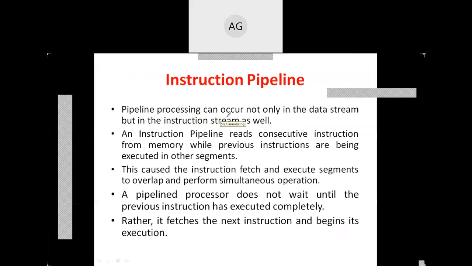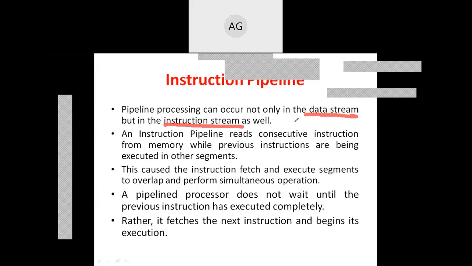Pipeline processing can occur not only in the data stream but in the instruction stream as well. In the case of the arithmetic pipeline, we are performing the operation only on the data, but in the case of the instruction pipeline, we can also perform the operation in the instruction stream.